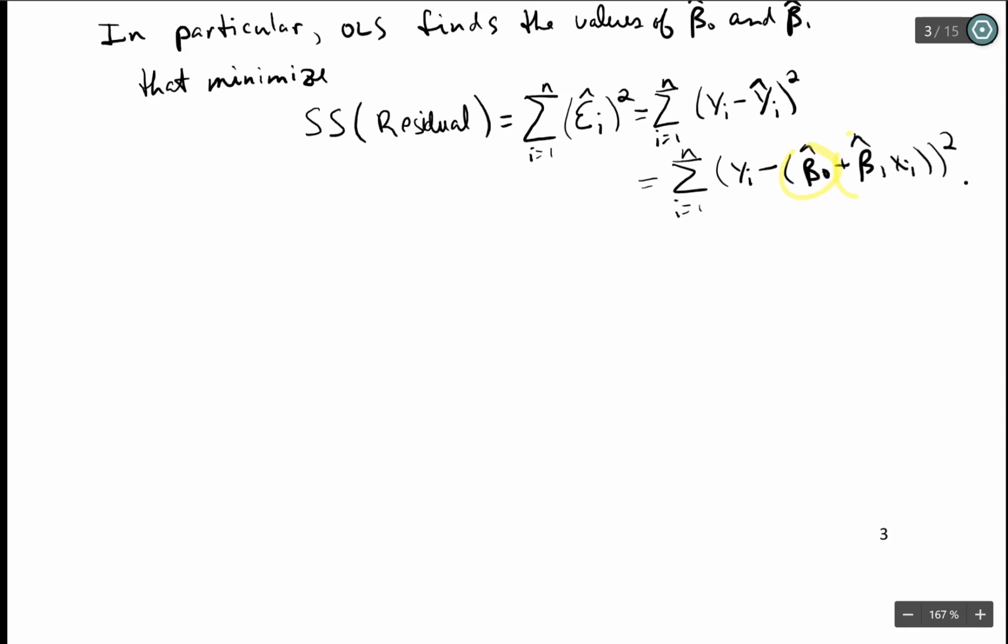There's some mathematics in the background: we would use calculus to see what two values make this overall function the smallest. We're not going to do the actual calculus in this course, but I want you to be aware of that.